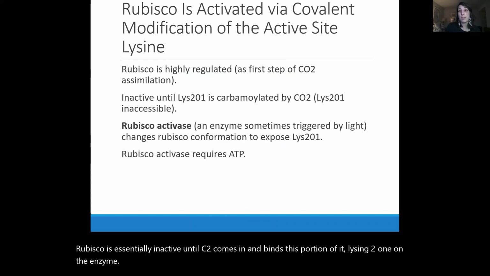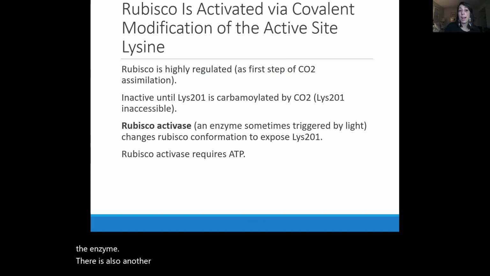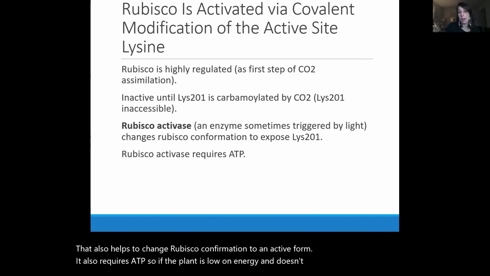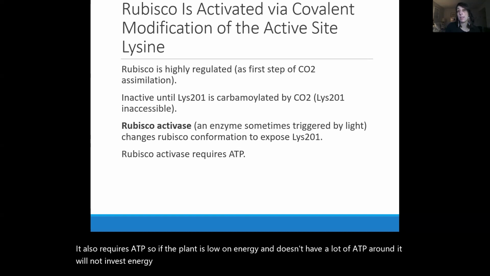There's also another enzyme called Rubisco activase, which can be triggered by light, that also helps to change Rubisco conformation to an active form. It also requires ATP. So if the plant is low on energy and doesn't have a lot of ATP around, it will not invest energy into making sugar.